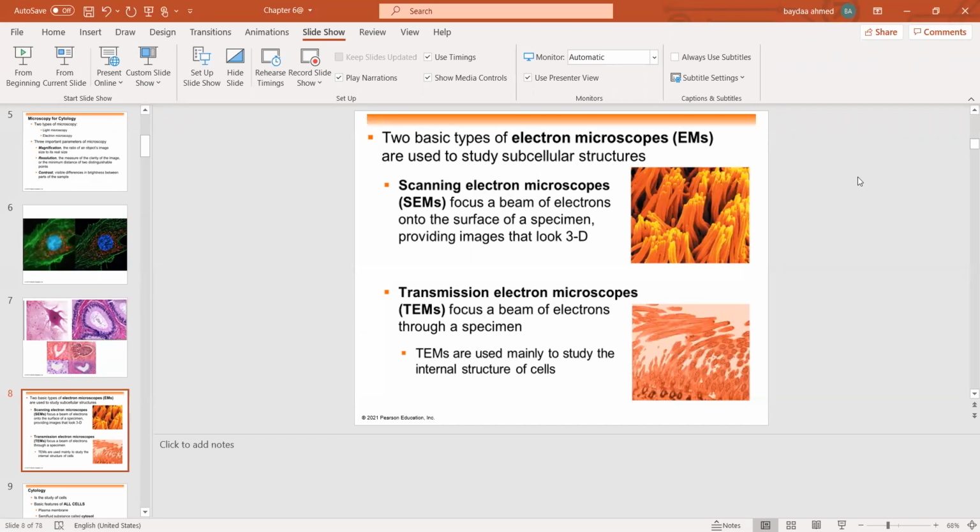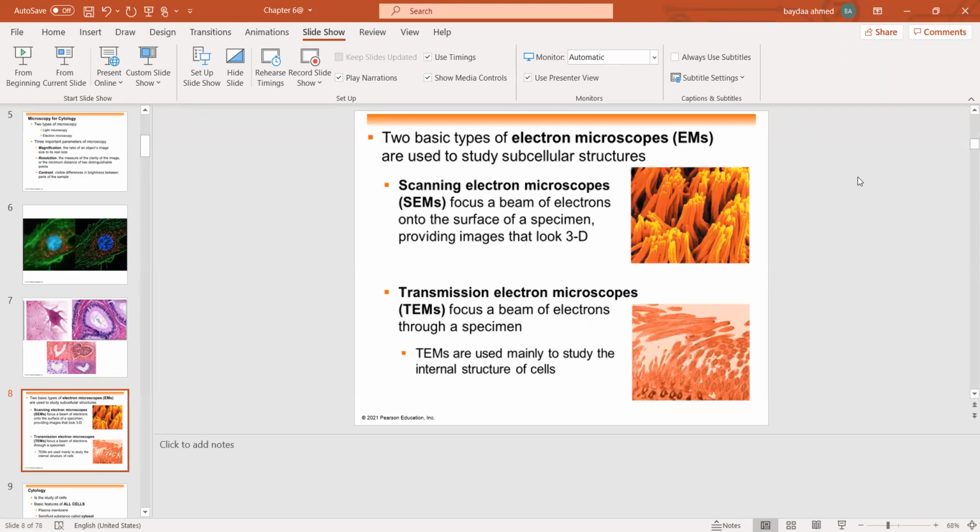The scanning electron microscope is especially useful for detailed study of the topography of a specimen. That means the electron beam scans the surface of the sample, with the specimen usually coated with a thin film of gold, and it gives a 3D image. So scanning is the study of the surface of cells or specimens.